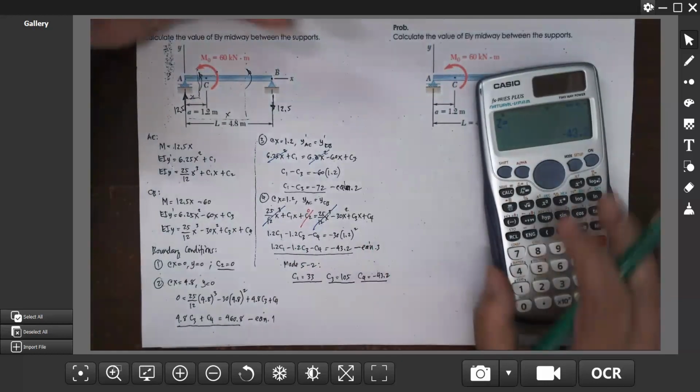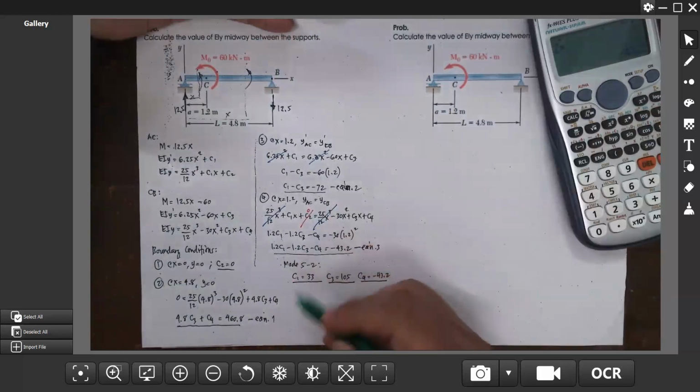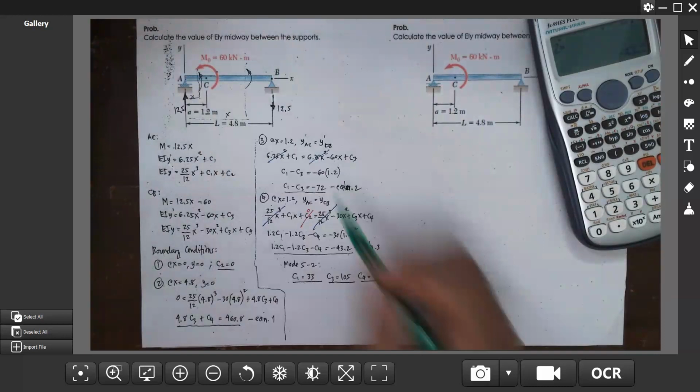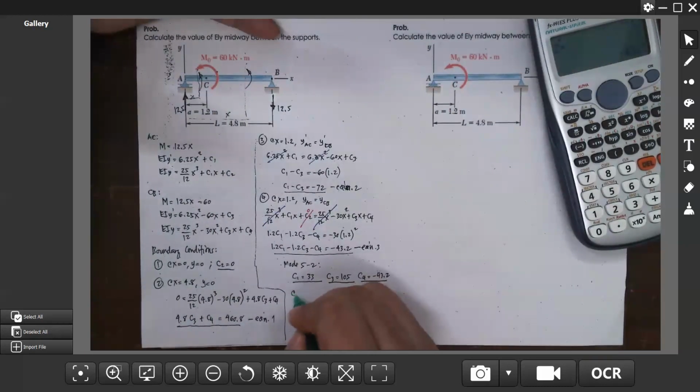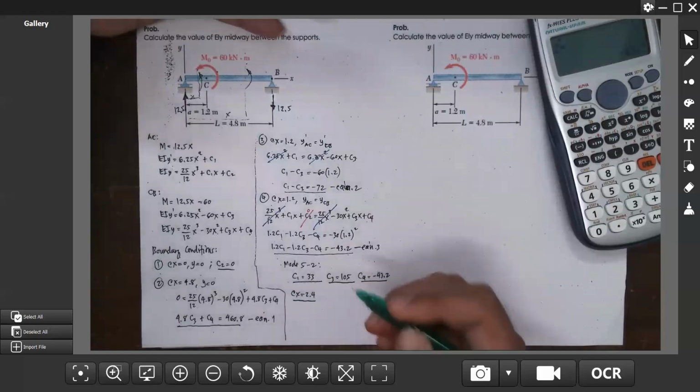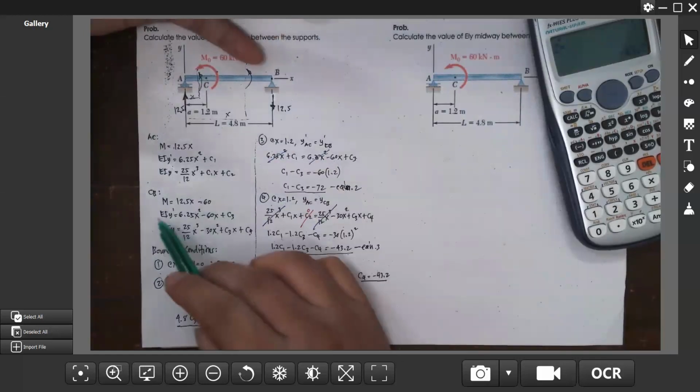What is asked there is midway. So at x equal to 2.4, then nasa CB, no?